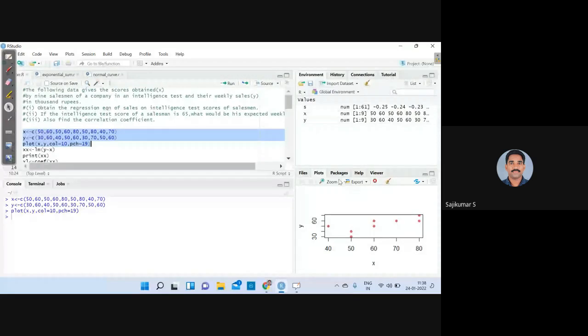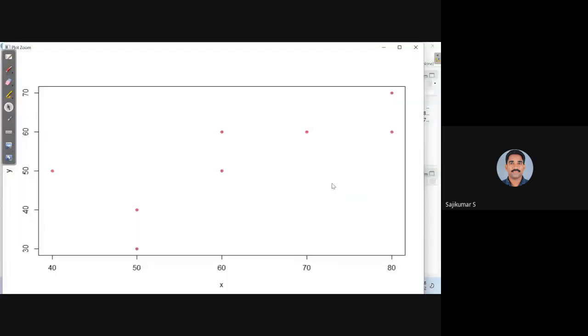From this scatter plot, we can measure whether there is a positive relation or a negative relation between the random variables x and y. We can compute the equation because here we have taken x along the independent variable axis and y along the dependent variable axis.